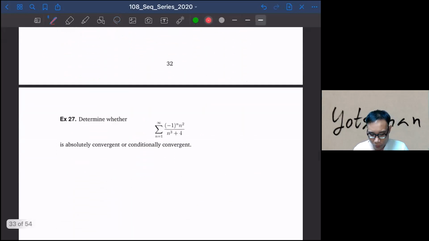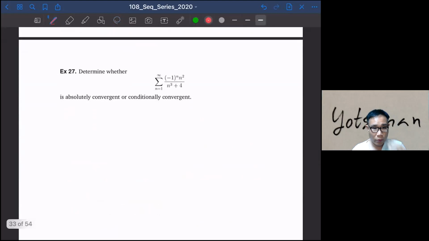The last question: you would like to determine whether the series is absolutely convergent or conditionally convergent. The steps for doing this are going to be two steps.